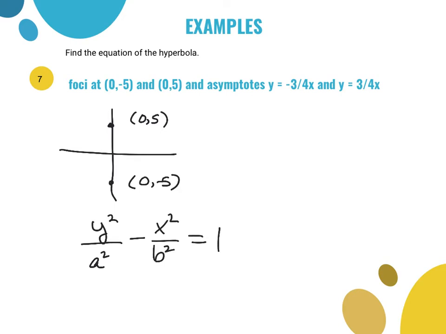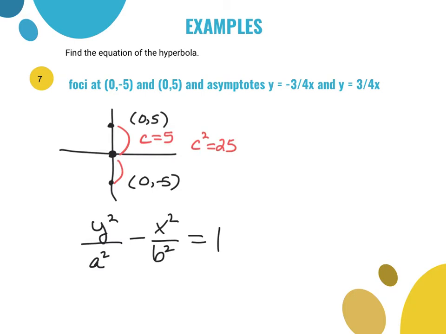Now remember, for the focus, that distance from the center, again, this center of 0, 0 is the midpoint between these 2 points. So I can see that my C value is going to be 5 because they're both 5 spaces away. So C squared equals 25.